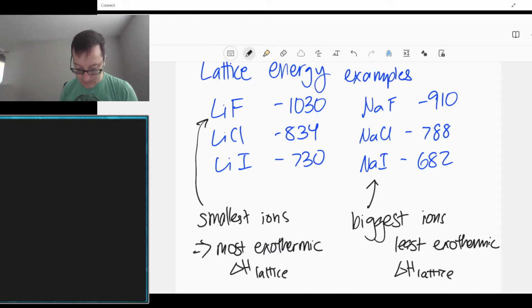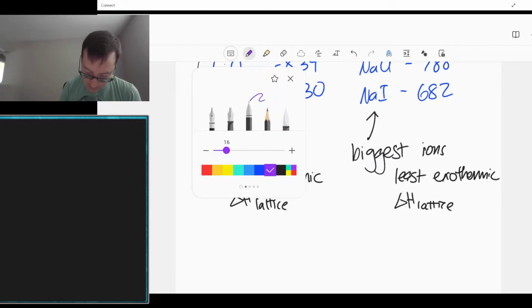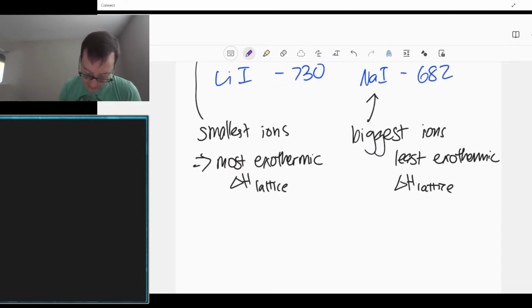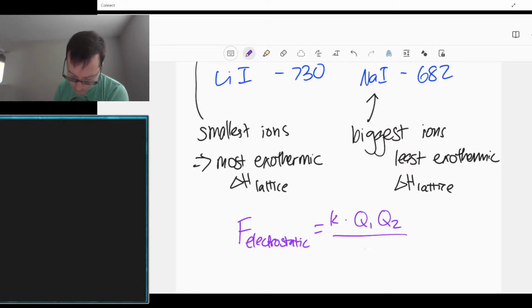And so we see here that we're going to be able to predict this by using one of Newton's kind of relationship. And we see that kind of the electrostatic force, so how well ions are attracted to each other, is related to the charges, so some constant, over the distance between them.